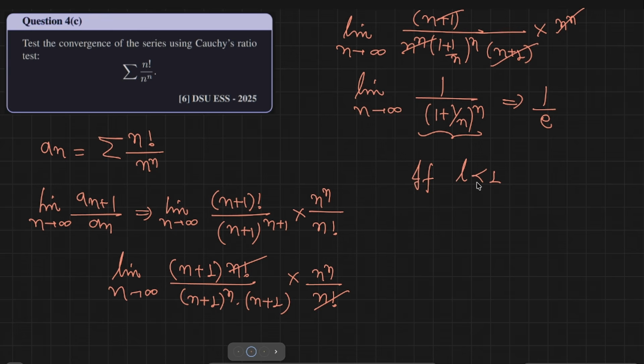If L is less than 1, meaning 1 by e is 1 upon 2.718, which is less than 1, the series is convergent. This way you can check the convergence of the series.